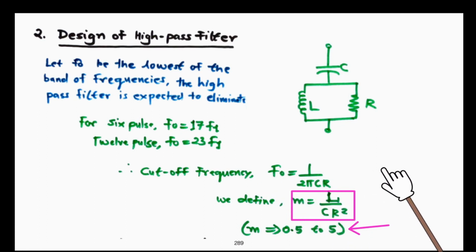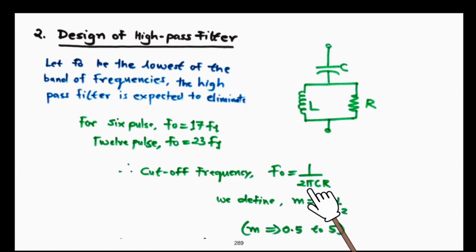Next, we would like to substitute the value of capacitance from the size of the filter. We know how much reactive power is required for the HVDC substation. Let us say the total reactive power requirement for the HVDC substation is 100 MVAR, and there are 5 capacitor filter banks.